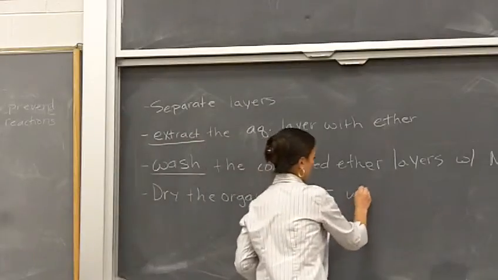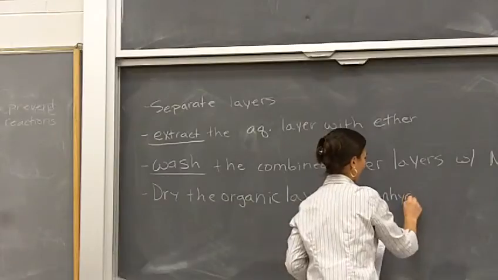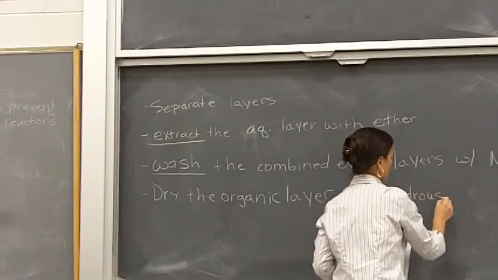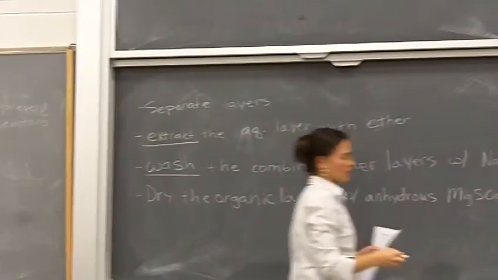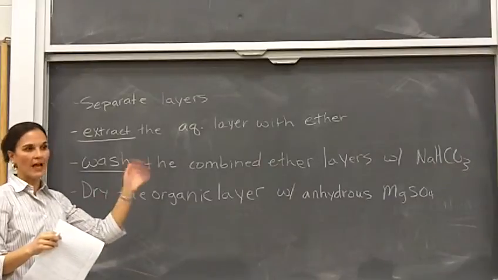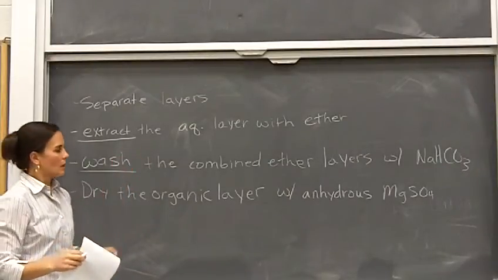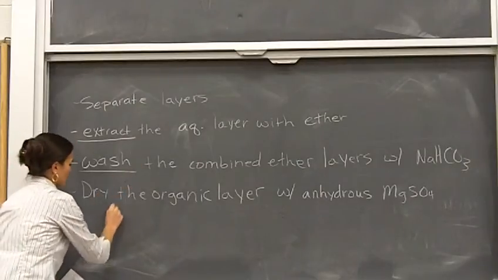We'll dry it with anhydrous, so we already talked about magnesium sulfate, but we need anhydrous, so dry magnesium sulfate. Dry magnesium sulfate looks like cooking flour, okay? It's really light, floaty.